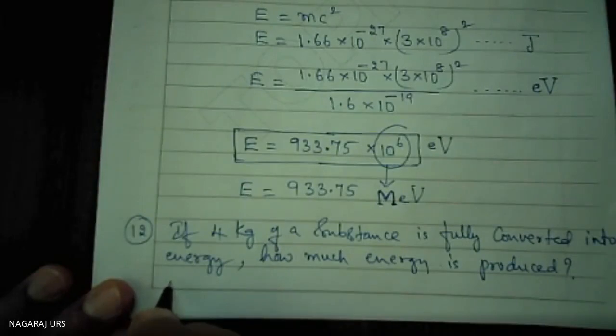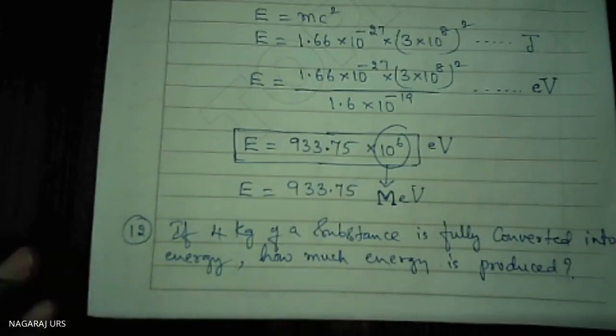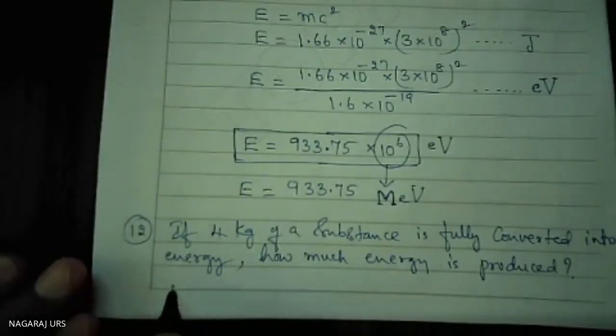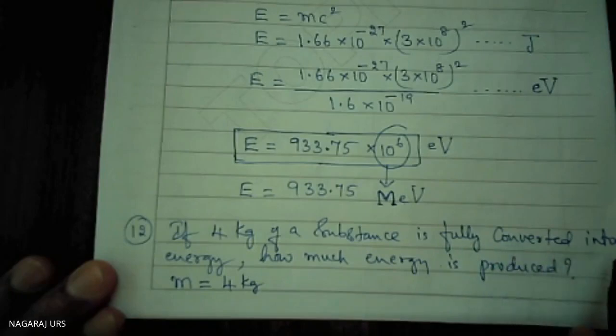M. W is for weight, M is mass, small m is different. Weight is different. Small letter m. How much? 4 kg. Fully converted into energy, how much is the energy produced?